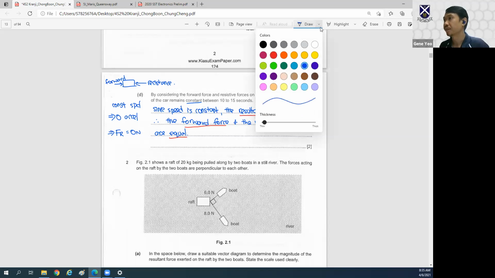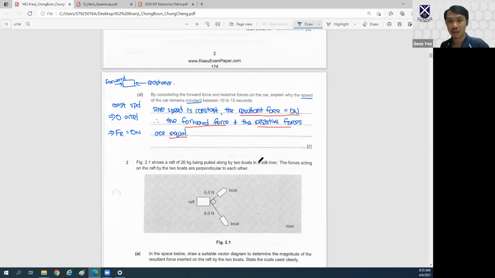Okay? So follow this argument whenever you see constant speed. Every time you see constant speed, always underline it because constant speed usually means something. Okay, so underline it. And once you underline it, always bear in mind this logical step here.